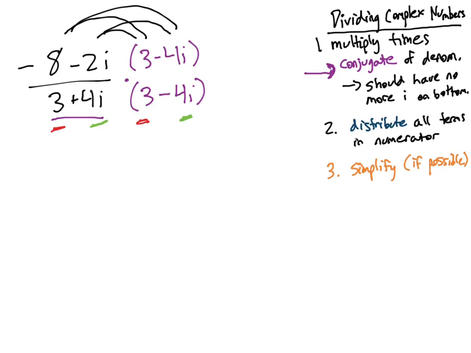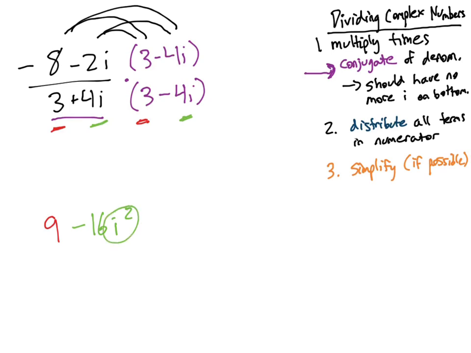So just in the case that we're multiplying by the conjugate, we can multiply the real terms together. 3 times 3 is 9. And multiply the imaginary terms, 4i times negative 4i gives us negative 16i squared.